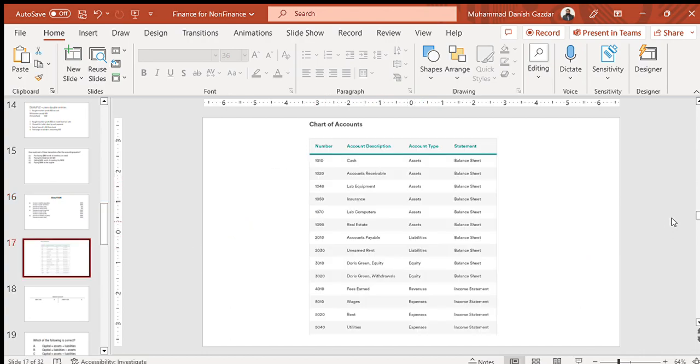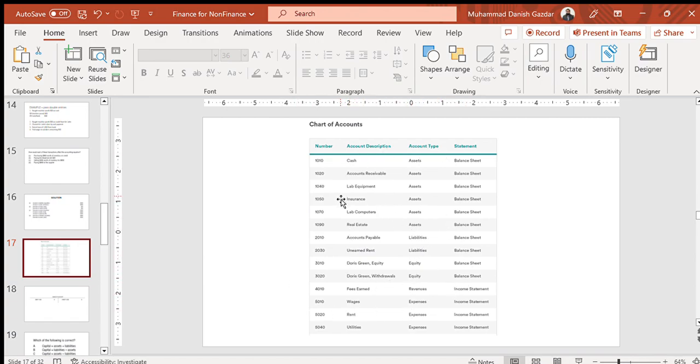Now we are moving towards the topic of chart of accounts. A chart of accounts is basically a collection of all the accounts, the general ledgers. You can see there is an account code, the account description, the account type, and which statement it would be reflected in. For example, cash is an asset account and it would reflect in the balance sheet, and wages is an expense account, it would reflect in the income statement.